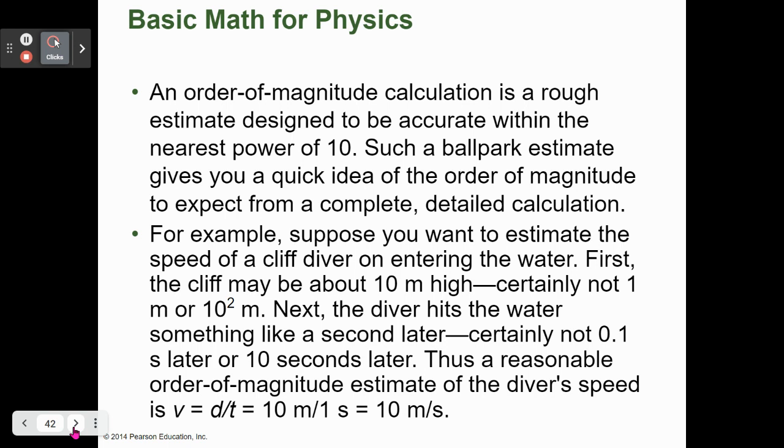So we're estimating his speed when he hits the water is going to be the 10 meters for how tall the cliff is, and the 1 second for the time he spent in the air. And that's just an estimate. We could be off. But we're using powers of 10 to make that math really easy. Okay? All right.